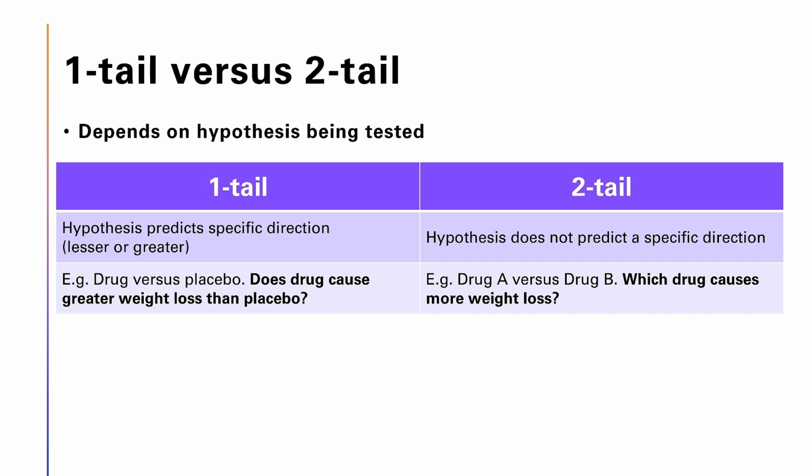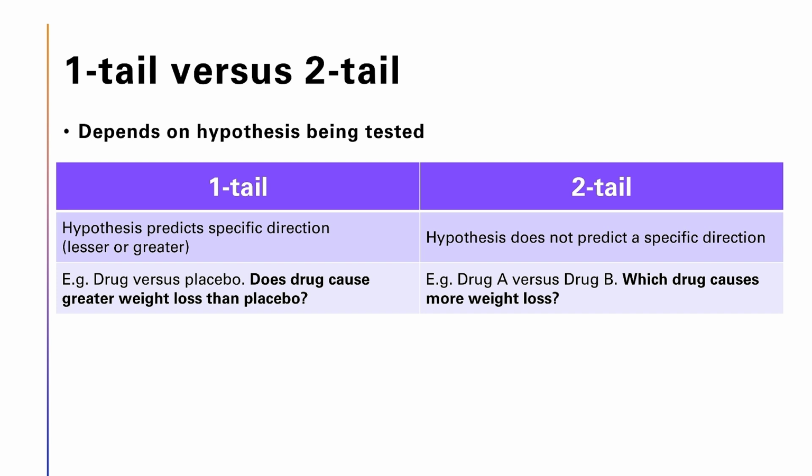On the other hand, we use a two-tail p-value when the direction of the effect is unknown. Another example where a one-tail p-value is used is a drug versus placebo. You can use it in scenarios like weight loss or blood pressure or medication that can reduce cholesterol, as we anticipate it to be downtrending, decreasing.